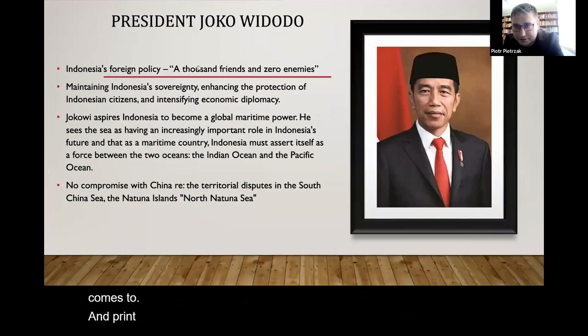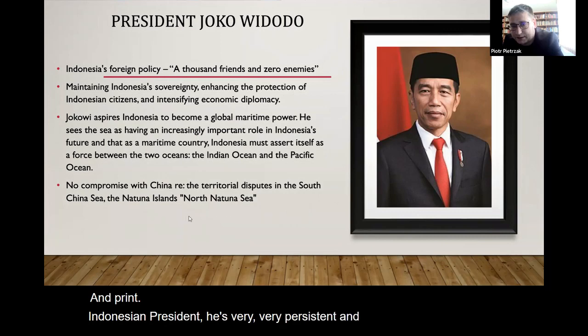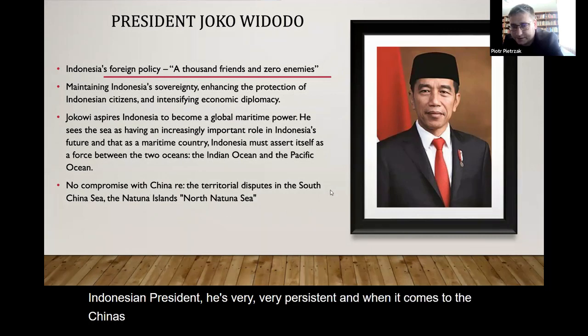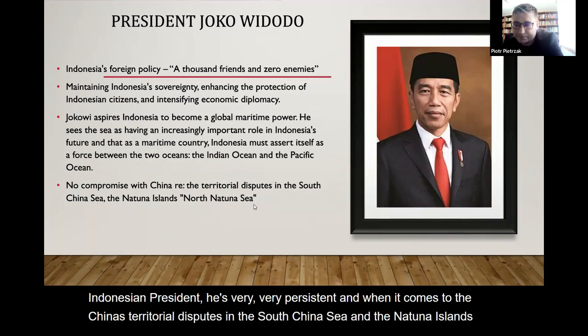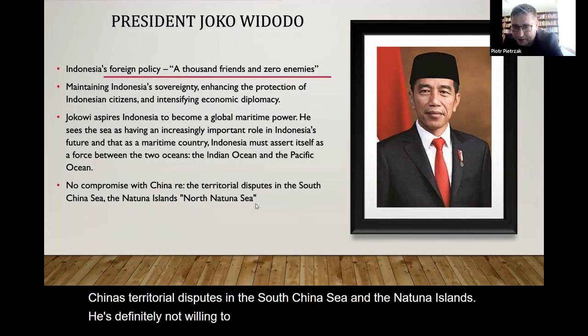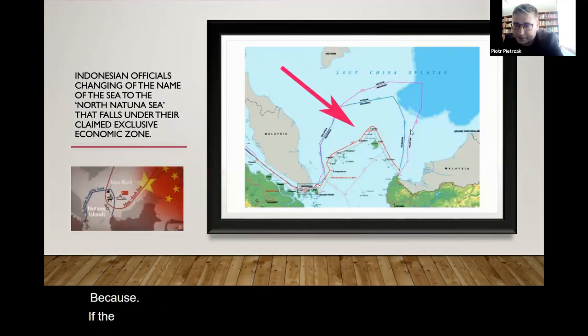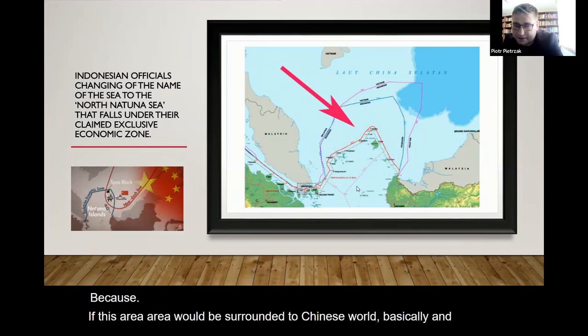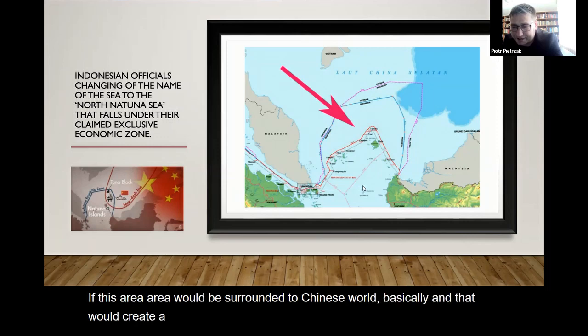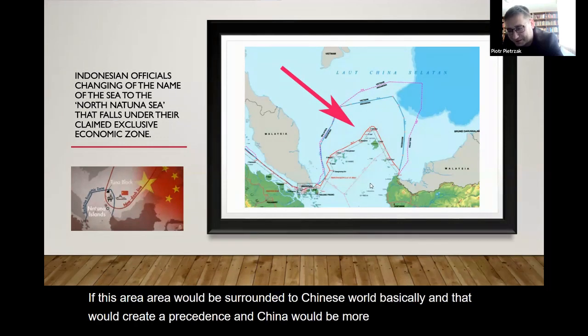When it comes to the Indonesian president, he is very persistent, and when it comes to China's territorial disputes in the South China Sea and the Natuna Islands, he's definitely not willing to render the Indonesian claim to North Natuna Sea, because if this area were surrendered to Chinese will, that would create a precedent, and China would be more eager to take advantage of this and ask for more.